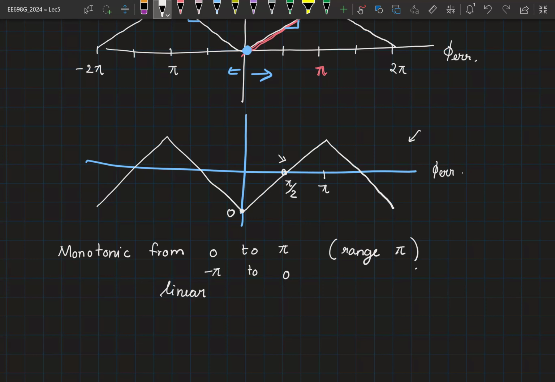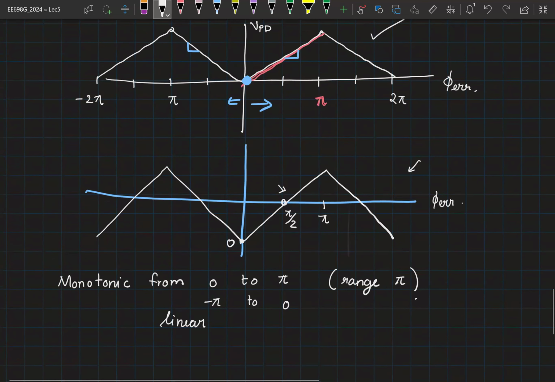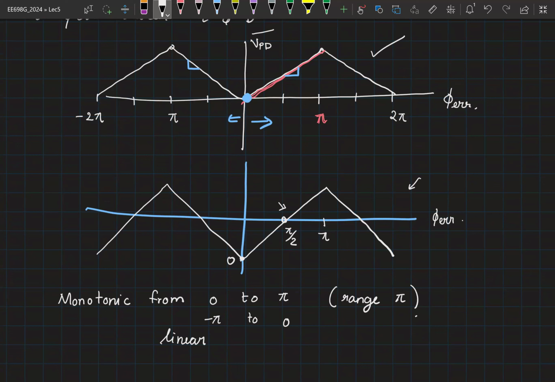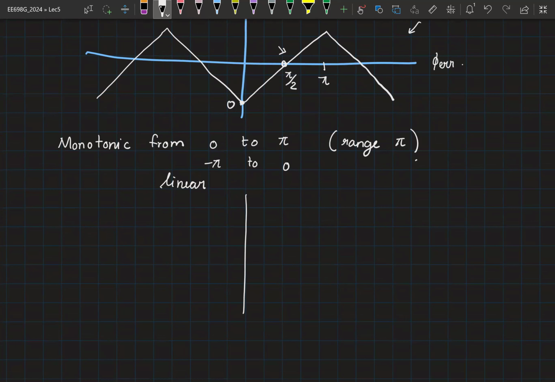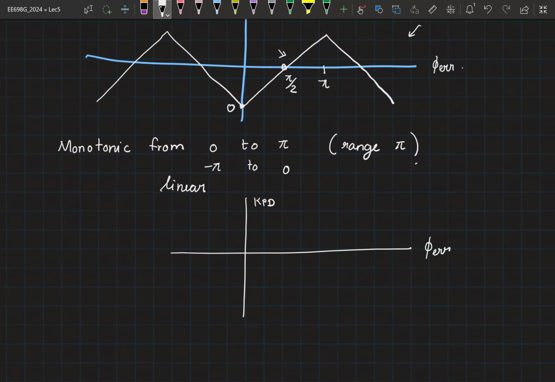So how does your KPD look like? What is the value? This is equal to VDD by pi. Here? Minus VDD by pi. So if you look at your KPD versus phase error, this will be VDD by pi till what value?